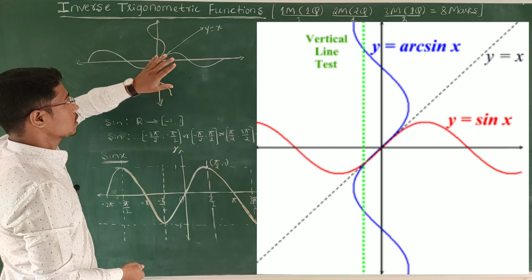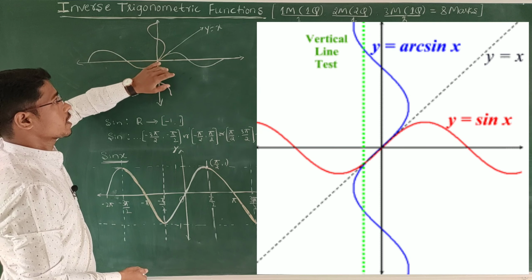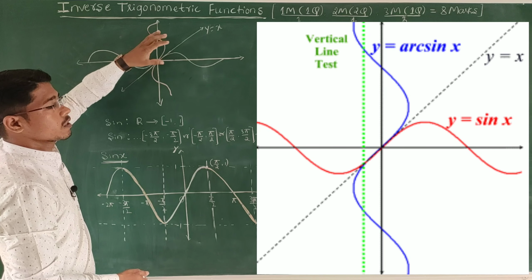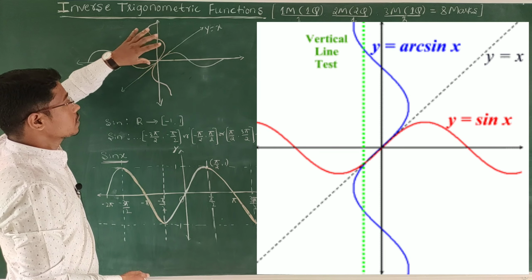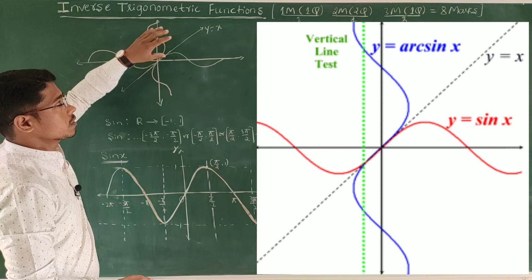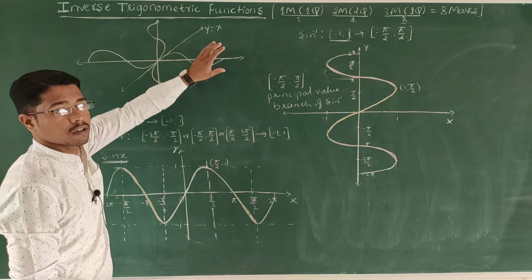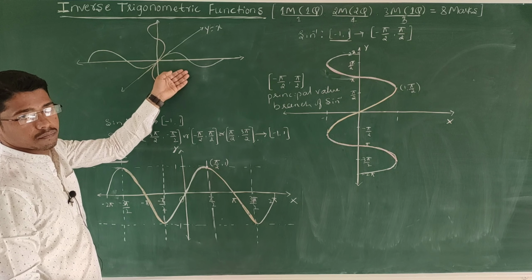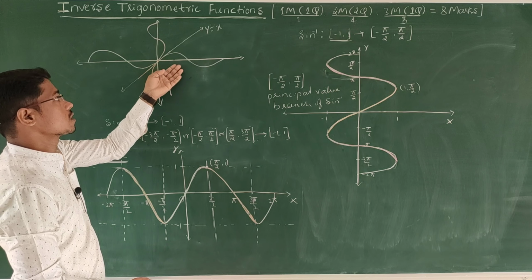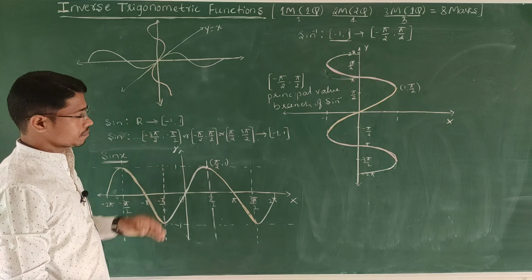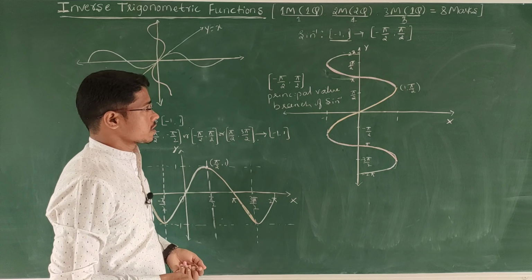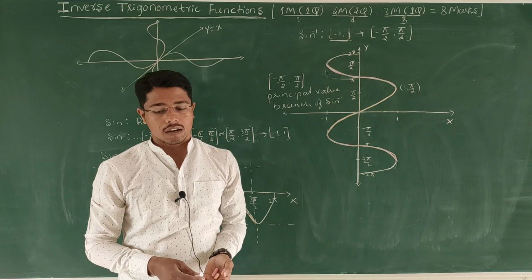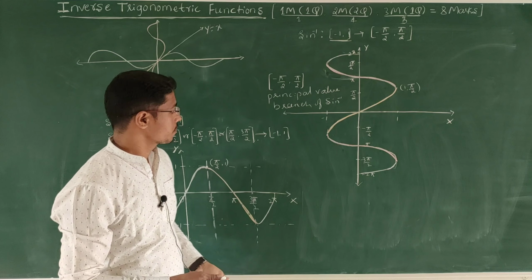When we combine the sine function graph and its inverse and look at both graphs through the line y equal to x, they look like mirror images of each other. So this is about the sine inverse graph, how it exists.